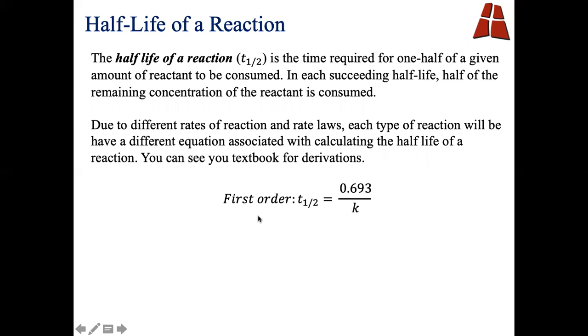Something that's unique for our first order half-life equation is that it does not depend at all on the initial concentration of whatever we are measuring. This is particularly useful for something like carbon dating, which follows a first order decay of a radioactive carbon species. That's how we're able to tell how old things are by carbon dating, because we don't need to know the original concentration of this carbon isotope. We just basically have to solve for time.